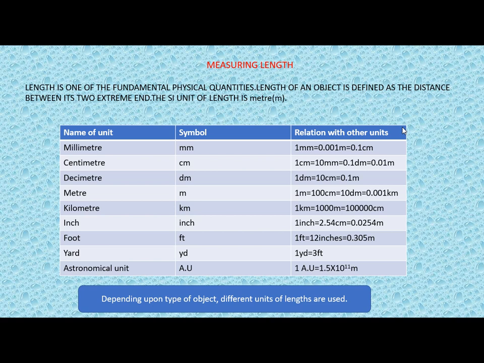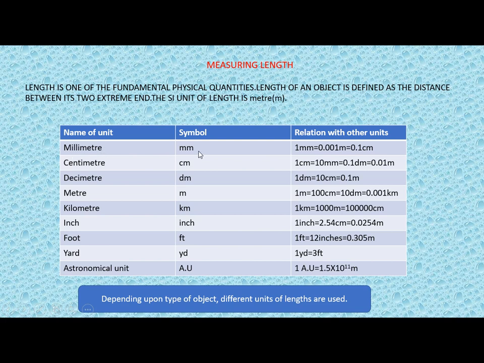But if anybody asks you the distance between Patna and Ranchi, then you will represent the distance in kilometer. So depending upon the thing, we will use the unit to measure length. Here are some units of length which are used to measure length.